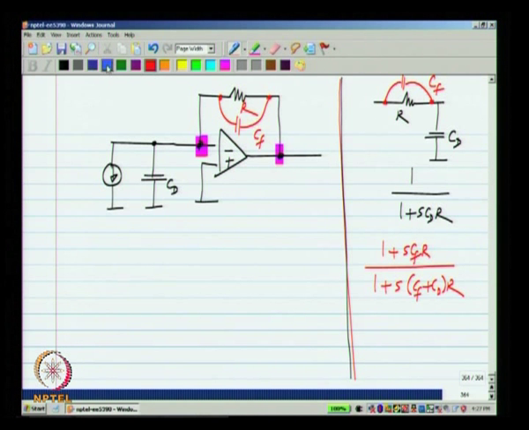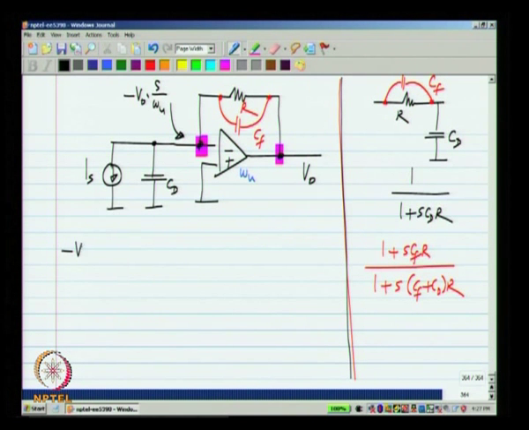And again I will use an op amp with a certain unity gain frequency omega u. Now, what happens if I write down the node equations here? If this is V naught, this voltage has to be minus V naught S by omega u.